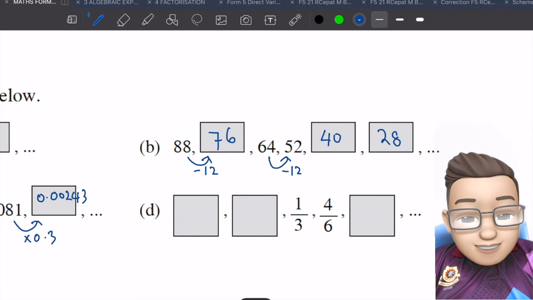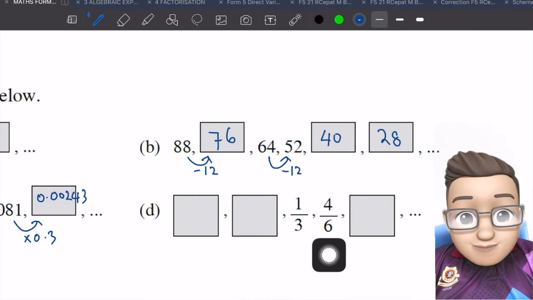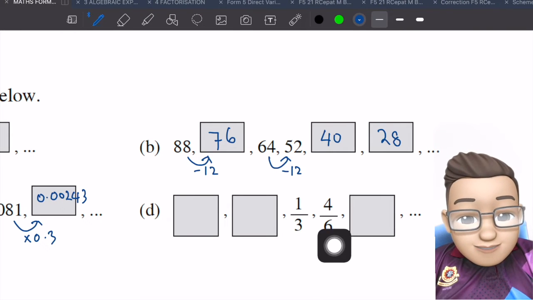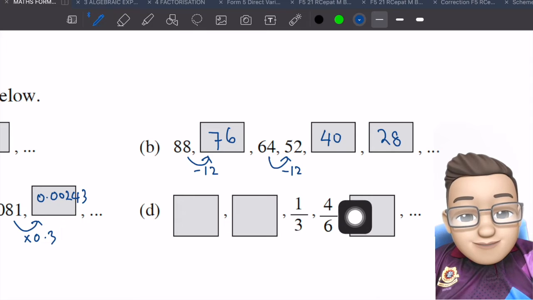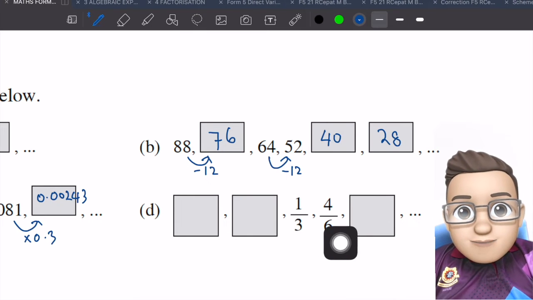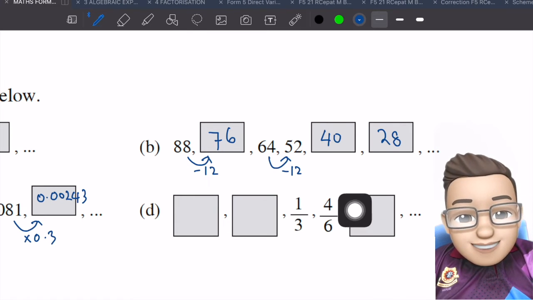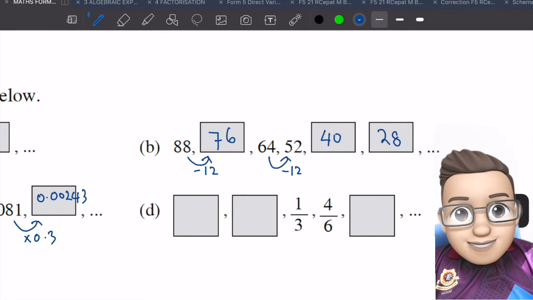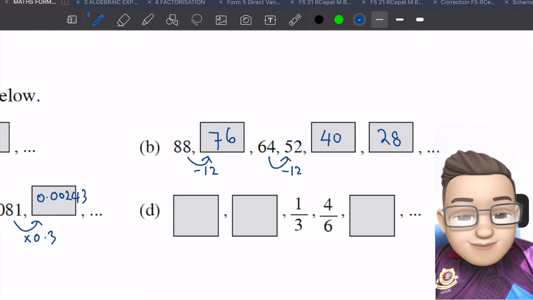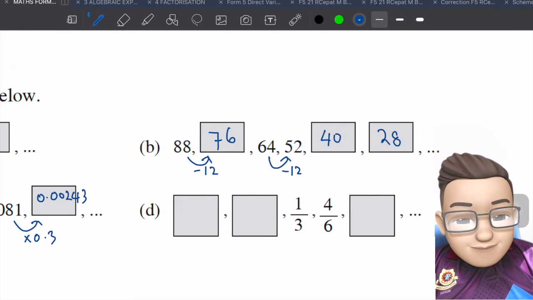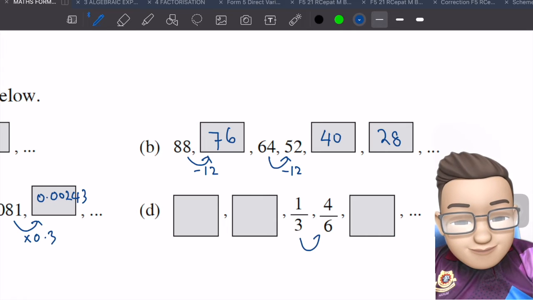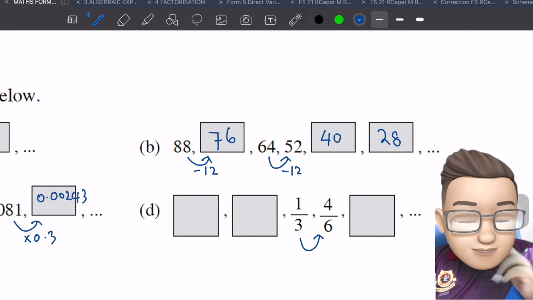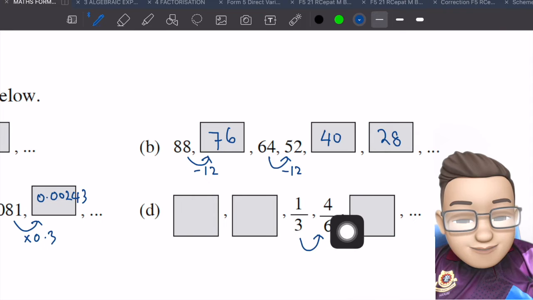You can take your calculator. You can play with these numbers, either divide, minus, plus, multiply, whatsoever. So from 1/3 to 4/6, you try to do 4/6 minus 1/3.